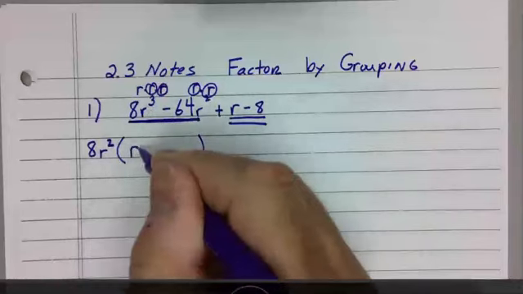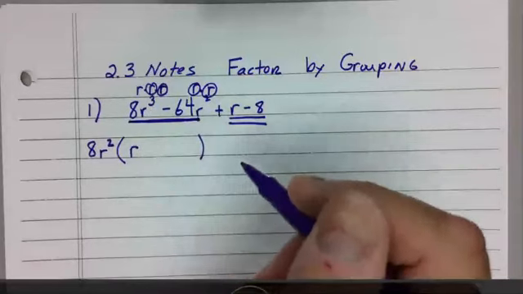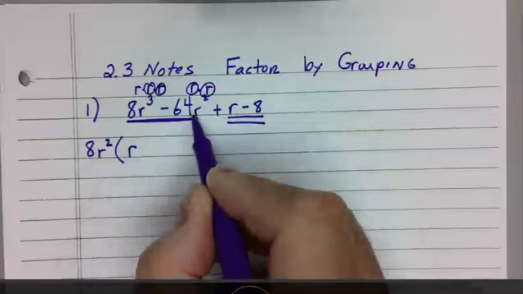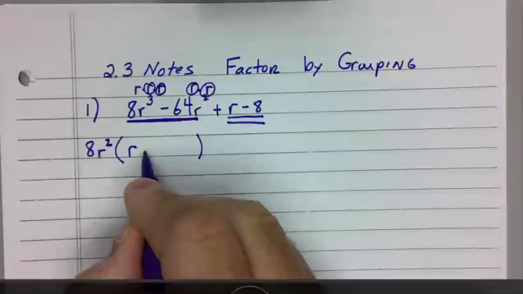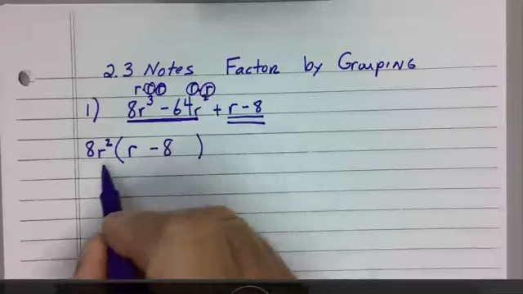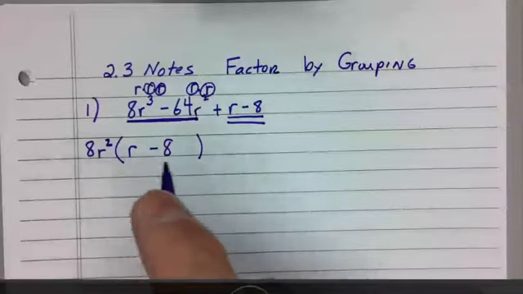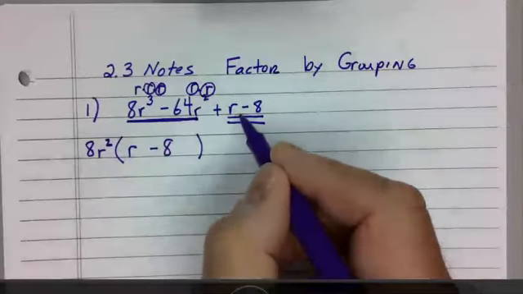Doesn't 8r squared times r give me 8r cubed? Now, what are you going to multiply times 8 to get negative 64? Negative 8. And to multiply times r squared to get r squared, it's just 1, correct? So there's your first one.